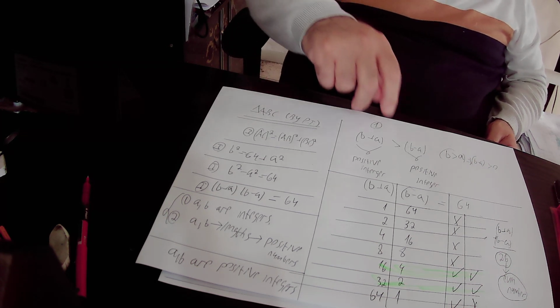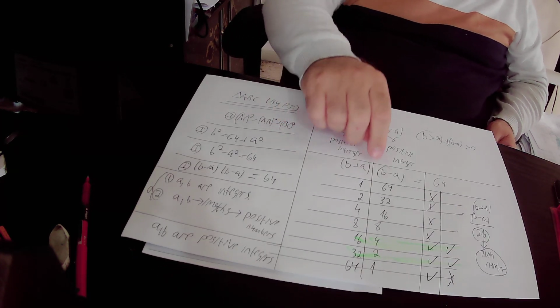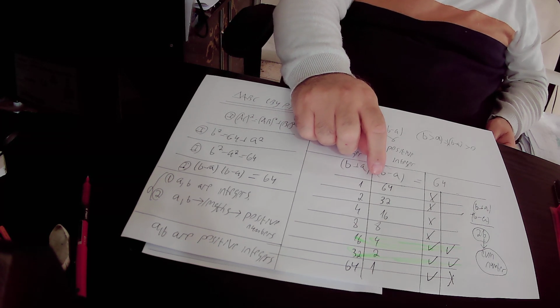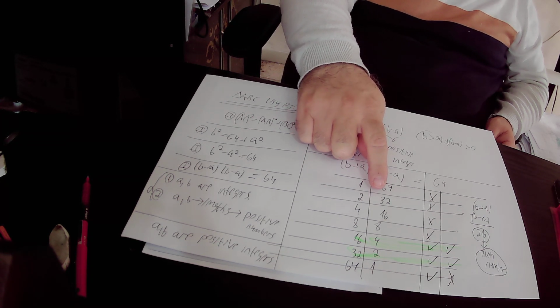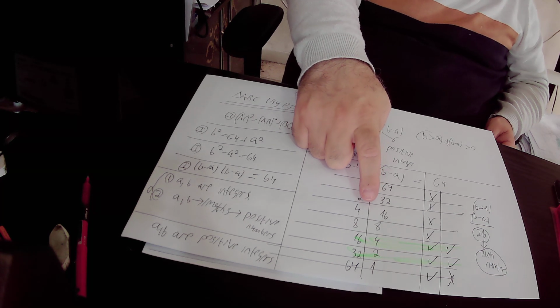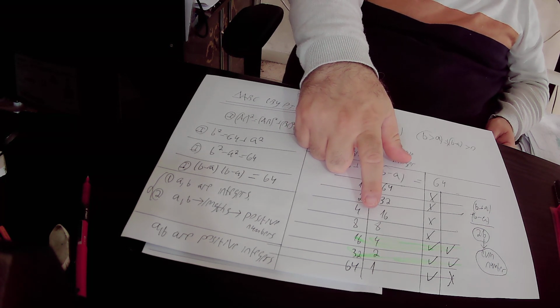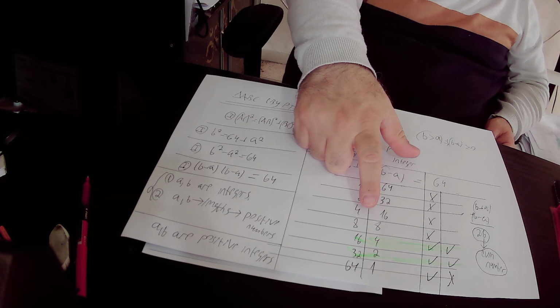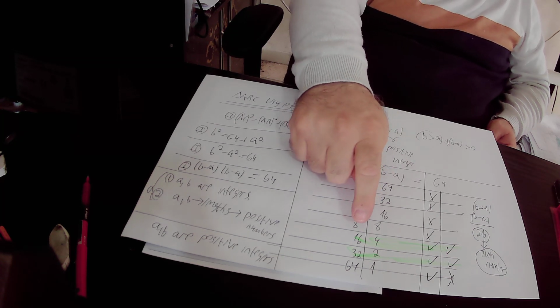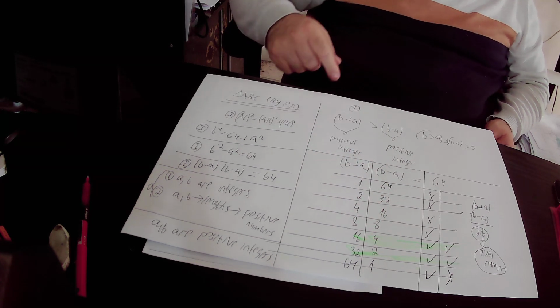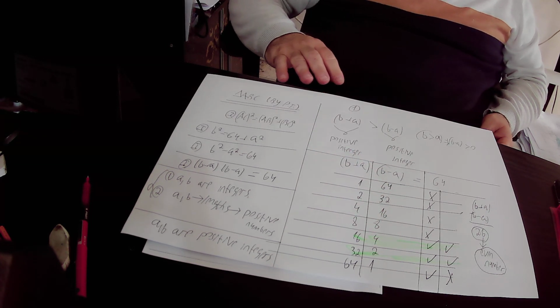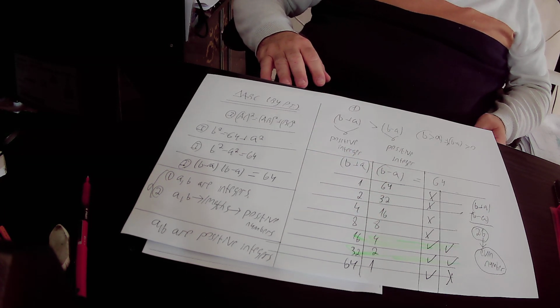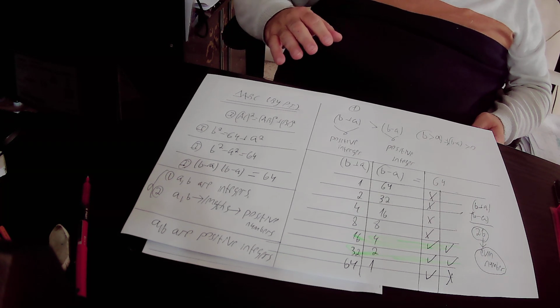There are only 7 options here: 1 and 64, 2 and 32, 4 and 16, 8 and 8, 16 and 4, 32 and 2, and finally 64 and 1. Those are all the options where two positive integers multiply to give 64.